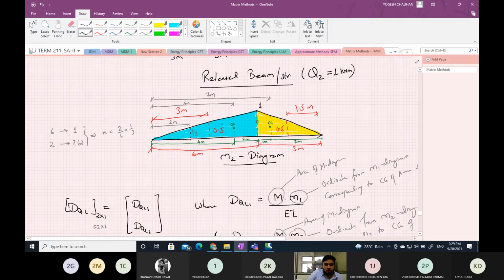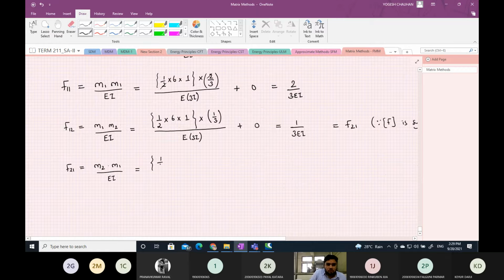Area of this blue hatched triangle, so that will be 1 by 2, base is 6 meter, height is 1 meter, so 1 by 2, 6 into 1, that is the area hatched in blue, multiplied with the ordinate in M1 diagram.